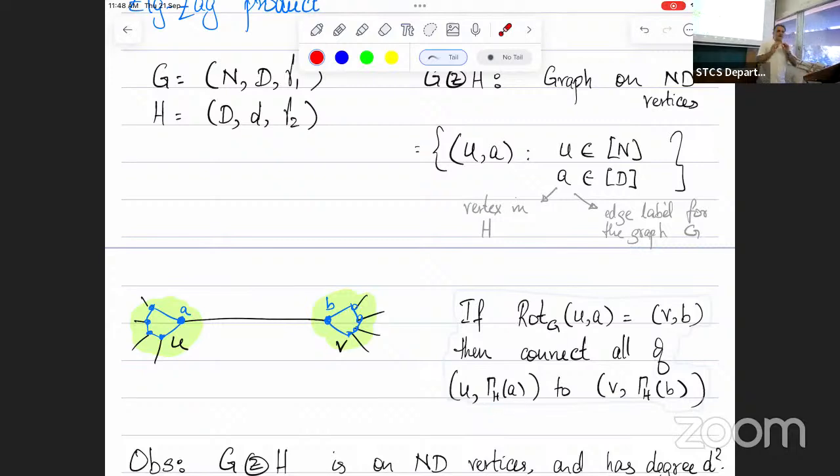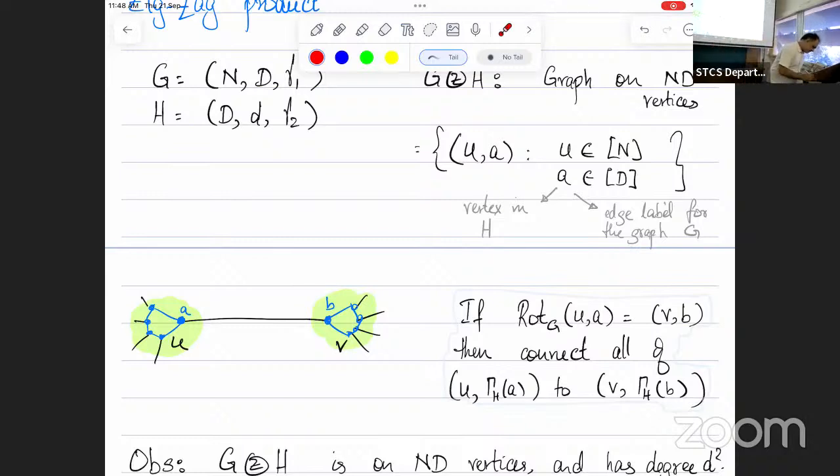So look at the neighborhood of A inside H restricted within the cloud of U, and look at the neighborhood of B inside H restricted to the cloud of V. So there are D vertices here and D vertices here. You connect all of them. Basically put a complete bipartite graph on them.